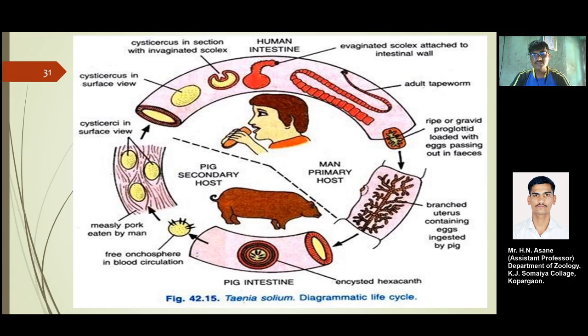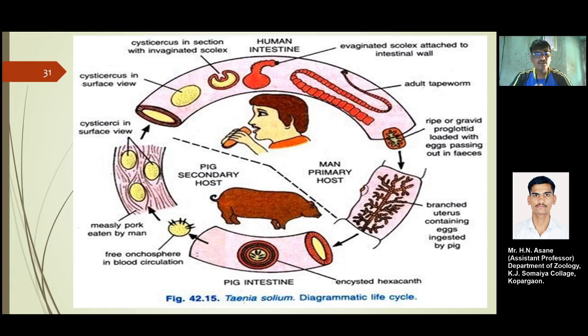As you can see, the ripe or gravid proglottid, loaded with eggs, passes out in the feces. Then the branched uterus containing the eggs is ingested by a pig by coprophagous behavior. As you can see at the bottom of this picture, the encysted hexacanth is in the pig intestine.